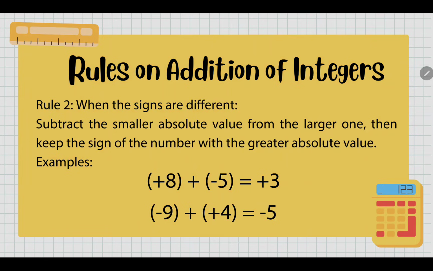Since the 9 is negative, we keep the negative sign. So -9 plus 4 equals -5.